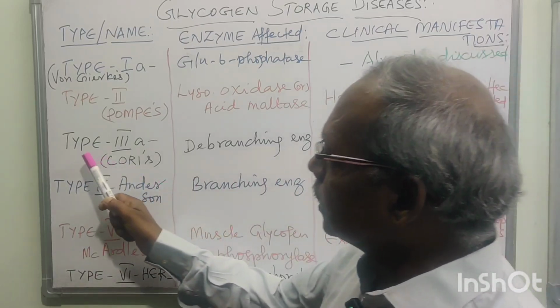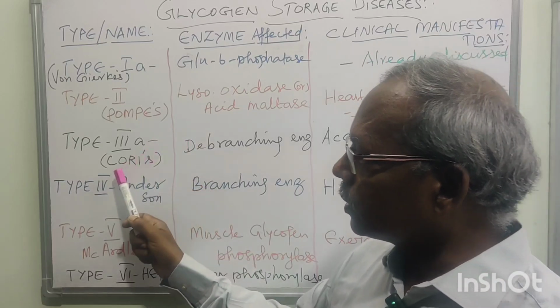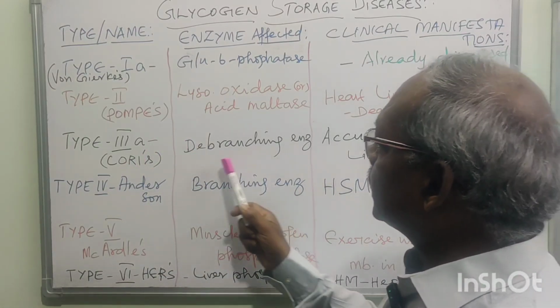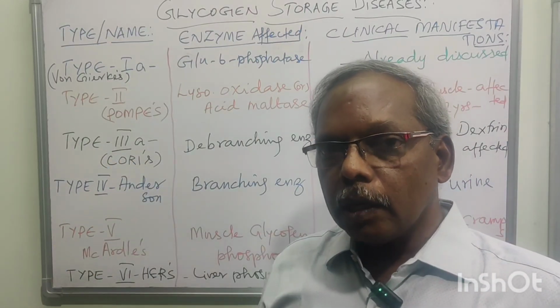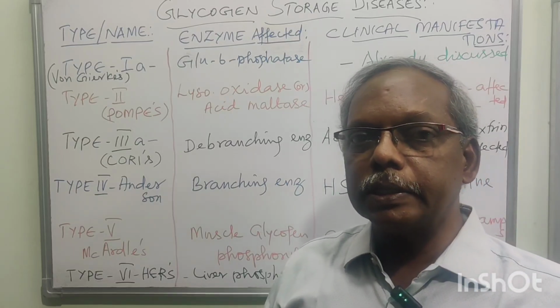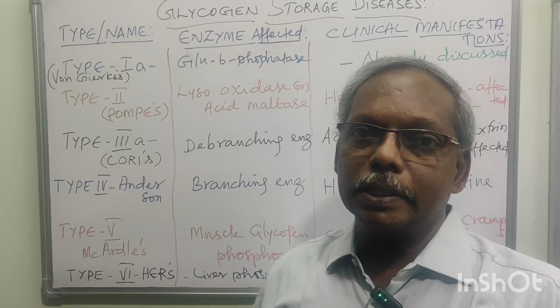Next one is type 3. We are having A and B. The A is important, Cori's disease, C-O-R-I. Here the enzyme is the debranching enzyme. During glycogen metabolism, we have 2 important enzymes, the glycogenesis branching enzyme and the glycogenolysis debranching enzyme.